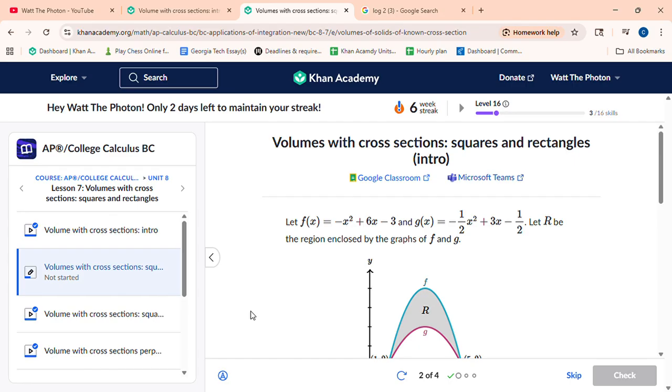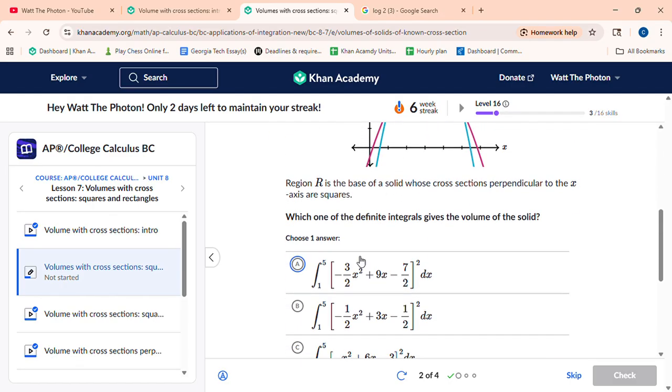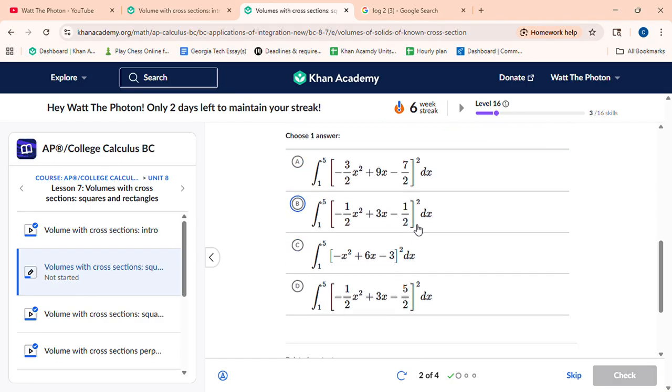We get minus, I'll just say plus 1/2 x squared minus 3x plus 1/2, integral 5 to 0 of, we get negative 1/2 x squared plus 3x minus 5/2. There we go. That's what I got.